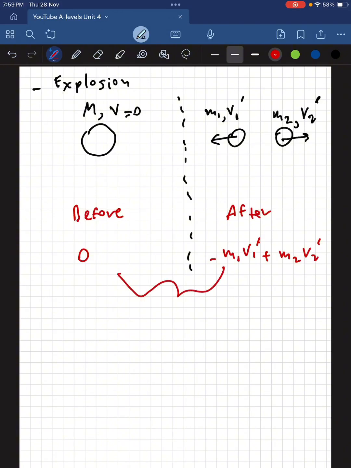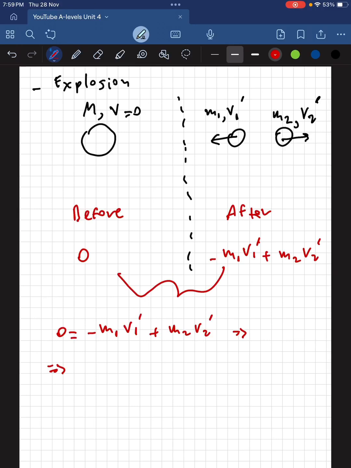Conservation of momentum in this scenario gives us that 0 is minus m1 v1 prime plus m2 v2 prime, which means that in order for this to happen, the fragments have to move in opposite directions.